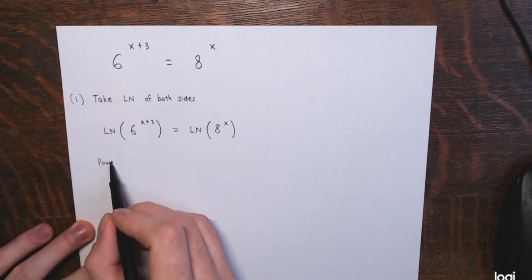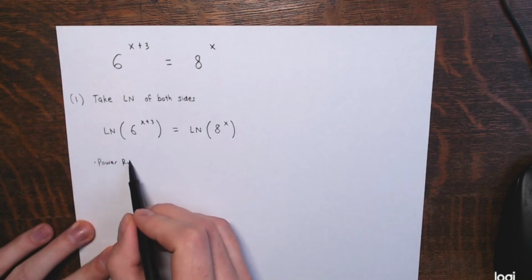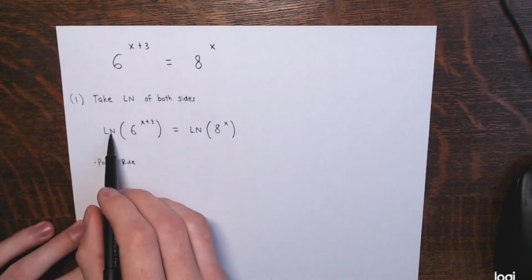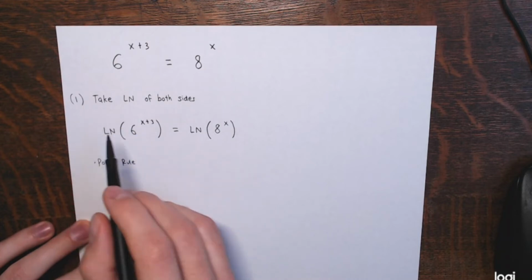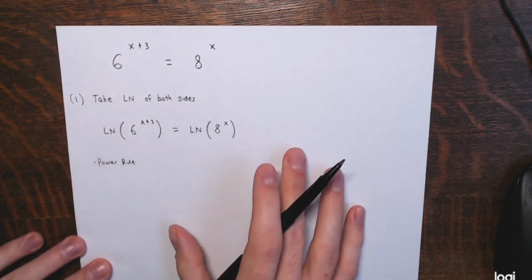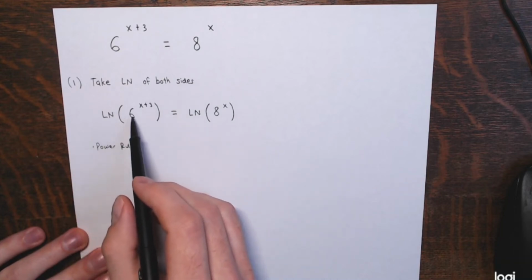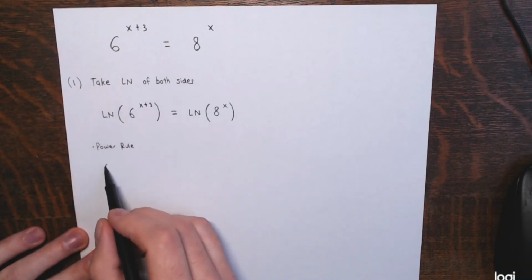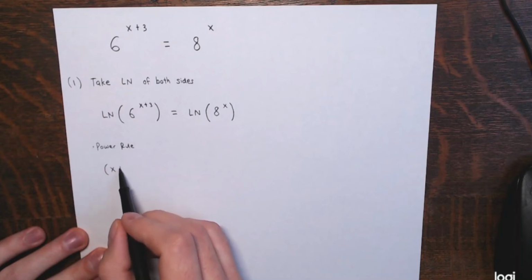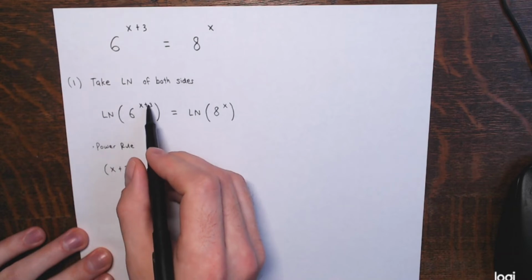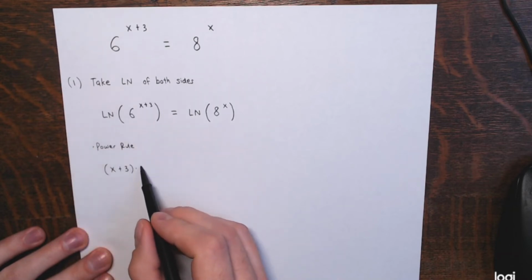Now I'll apply the power rule for logs. Remember, the logarithm of something to a power, you can pull that power out and make it a product. So the natural log of 6 to the x plus 3 power is the same thing as, and I'm putting it in parentheses because the entirety of x plus 3 is the power, x plus 3 times, and then just the natural log of 6.